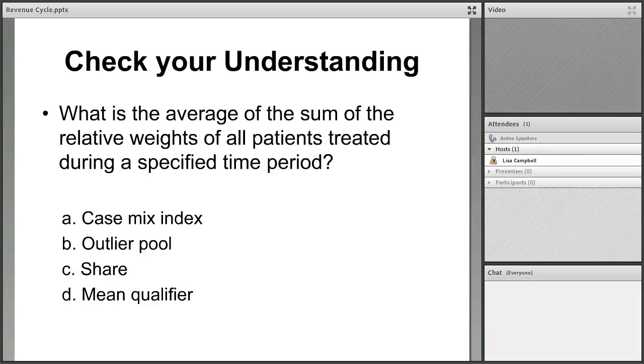And so for this question, the correct answer is A, case mix index, where you add up relative weights for patients over a particular time period, and then you divide them by those patients, and that gives you your case mix index.